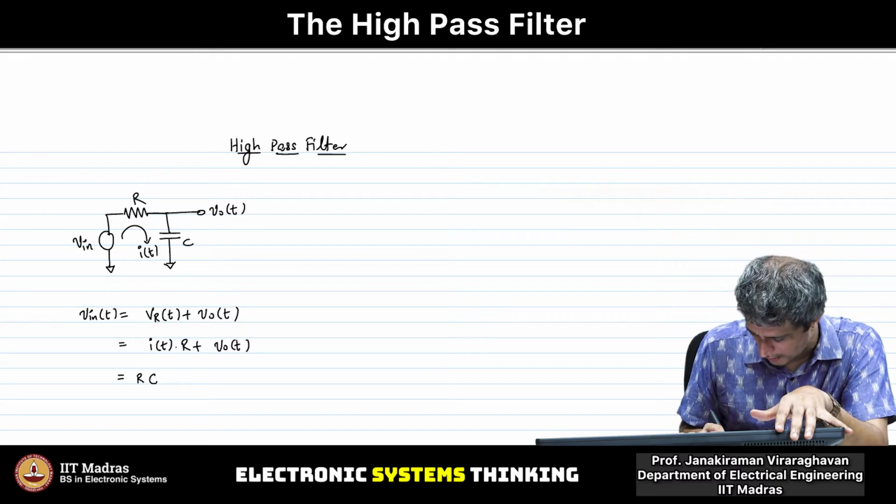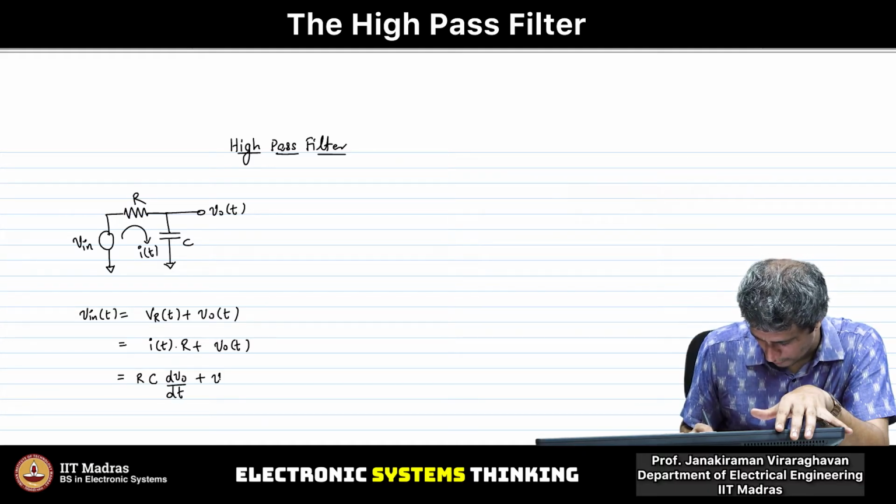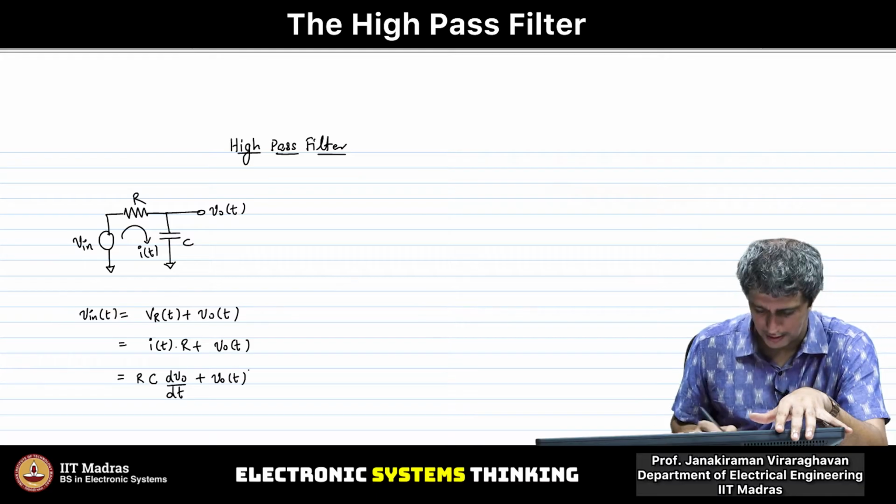So you get RC dV out by dt plus V out of t.